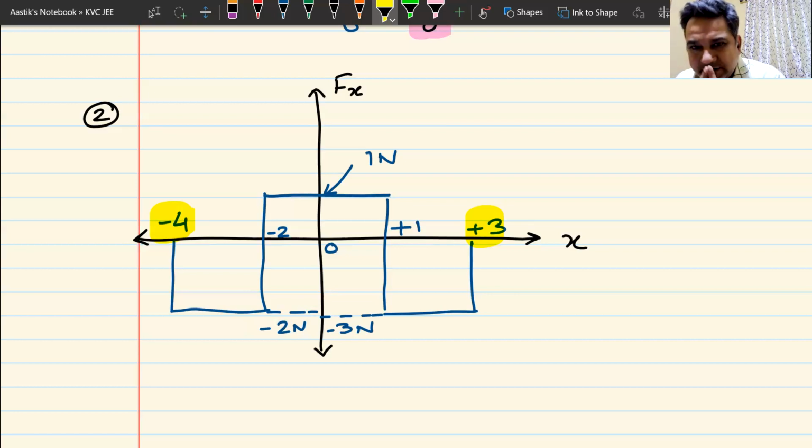How will you find the areas? Okay, let us first write the areas. What is the area of this one? No, beta, I can't hear you. Is there anything that you want to ask?